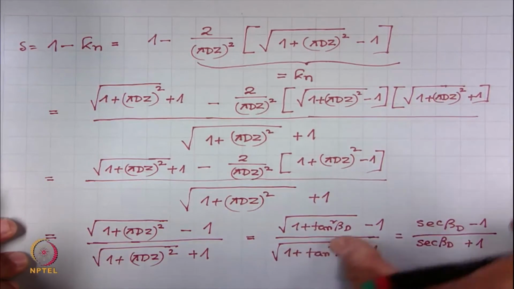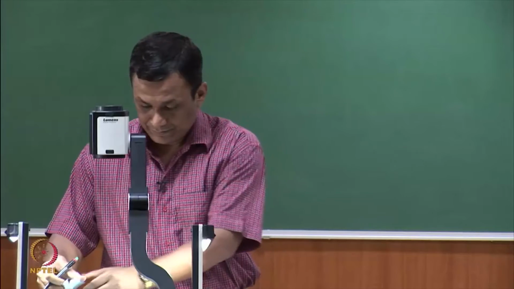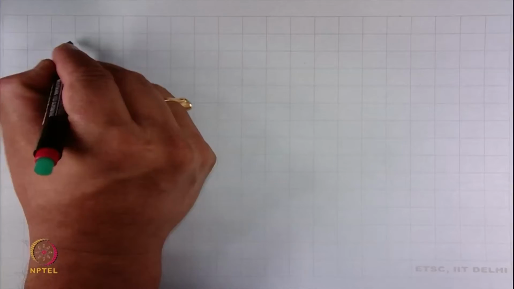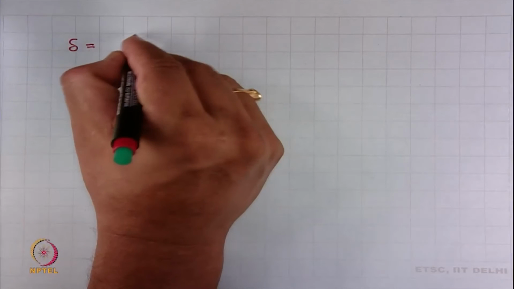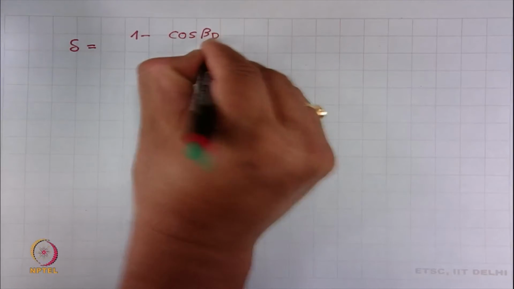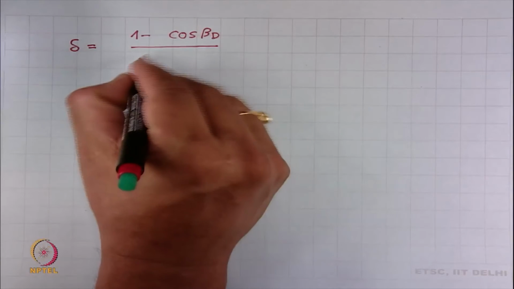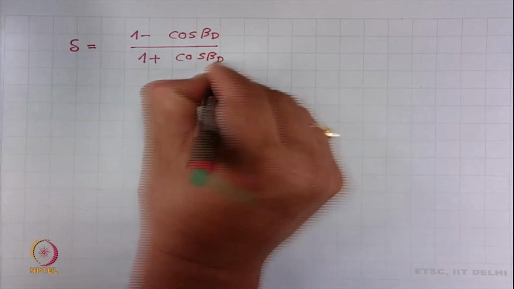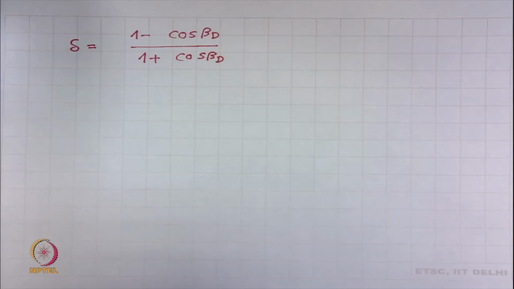So, what we obtain is delta is equal to 1 minus cos beta d by 1 plus cos beta d, right. We can further work on it.